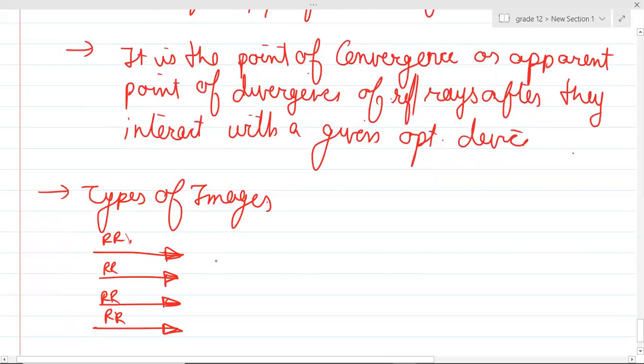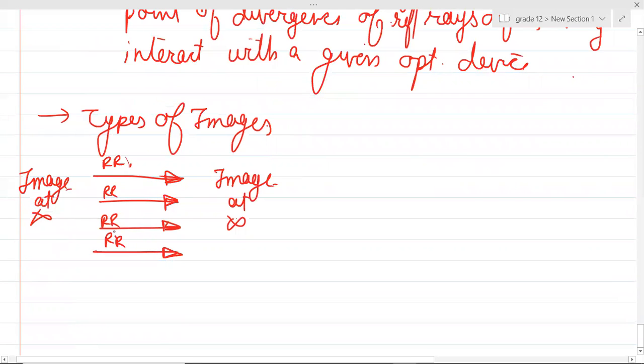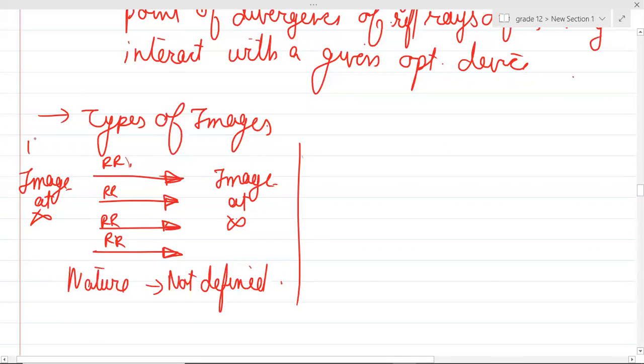If these are incident rays, then always you'll say the image is at infinity. Image can be anywhere. It is at infinity, so it can be positive infinity as well as negative infinity, I don't know where it is, right? And the nature of the image is not defined. Is this clear? First type of image is basically image at infinity.